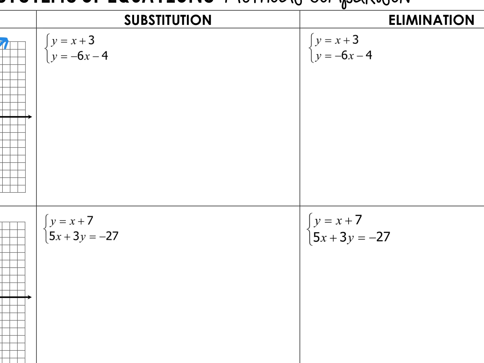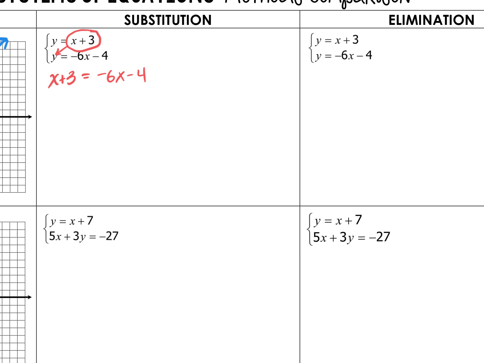It doesn't matter if it's x or y, or if it's in the top or the bottom equation. But if there's a variable that's not by itself and we have to get it by itself, look for one that has a coefficient of 1. So plug that in. You'll have x plus 3 equals -6x minus 4.